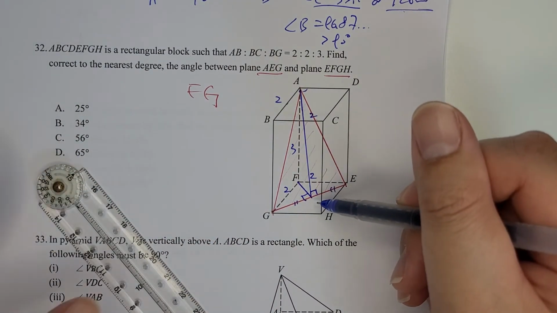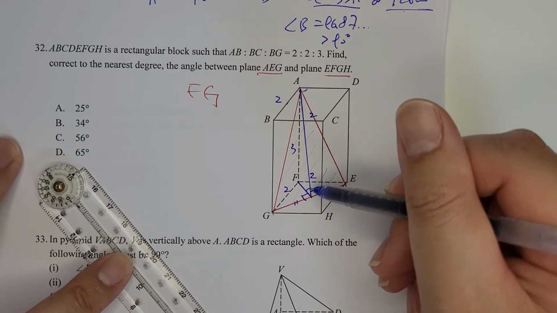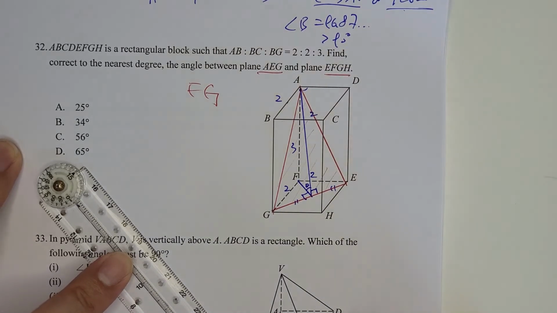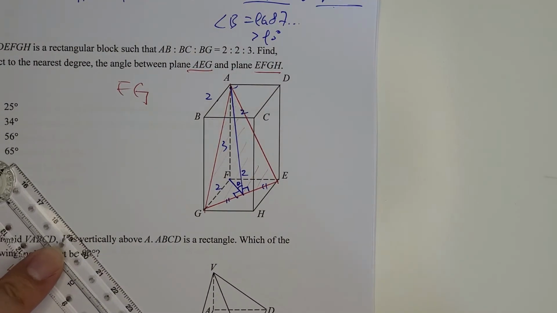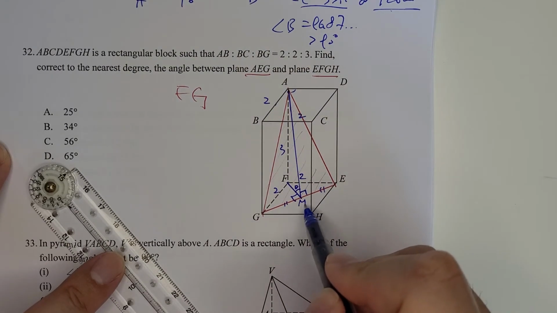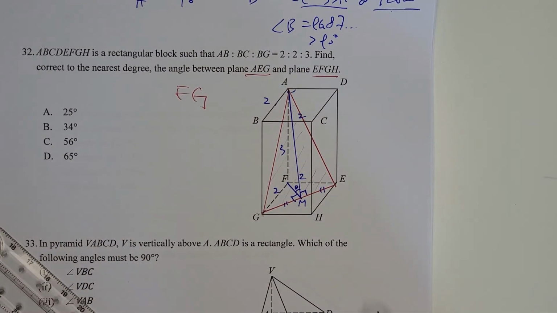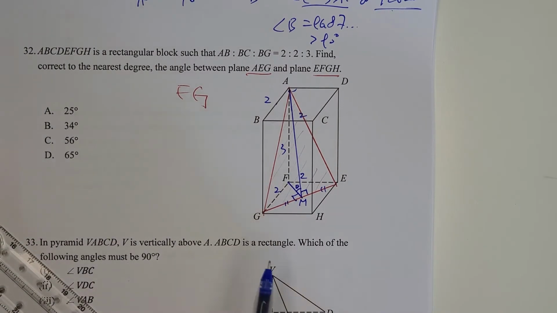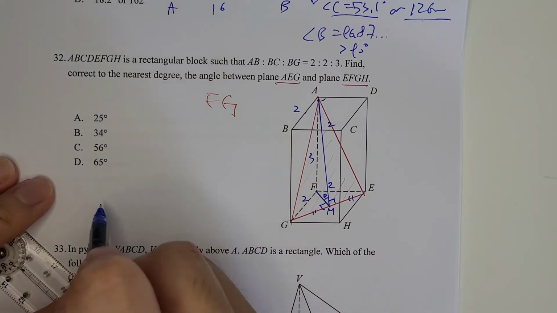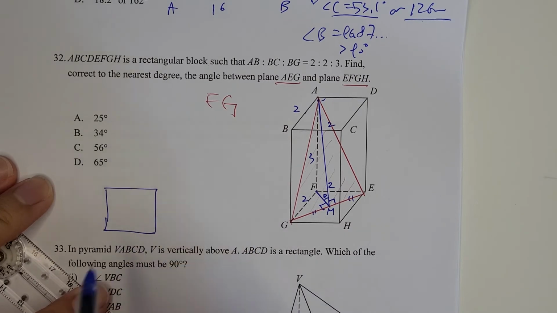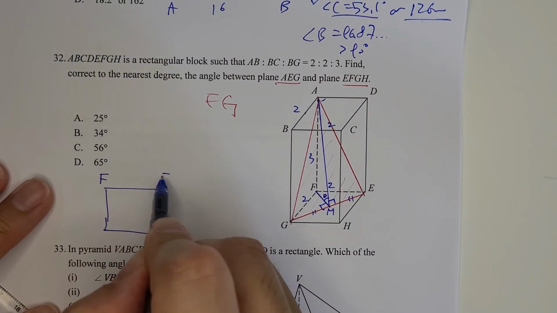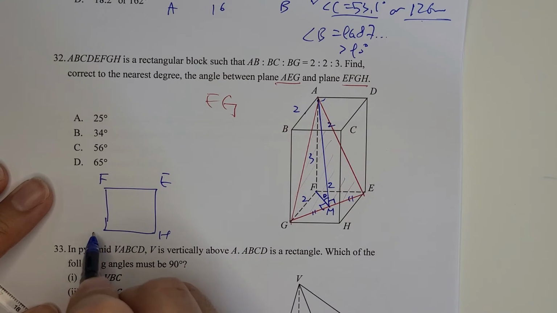So what you need to do is find this angle theta, and we call this point M. The only thing we need to find out is how do we find FM. So go to this square FEHG.